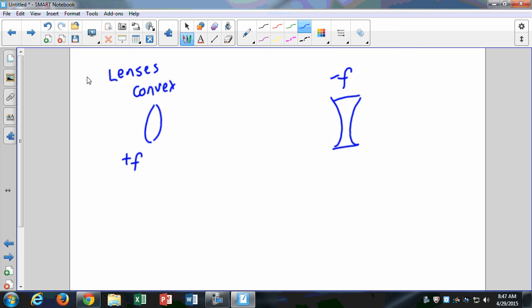The only difference is that, well, what's some of the differences? If I have an object over here and I have an image over here, this is a real image. That was different for mirrors, right? For mirrors, if the image was on the opposite side of the object, that would be a virtual image. You follow me on that? Okay, but for lenses, it's different.